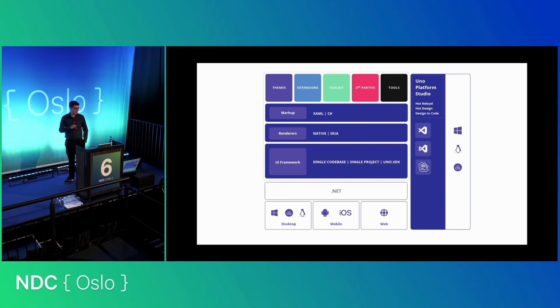Behind the rendering options which Uno Platform has, there is native, the same way MAUI does this, and Skia. So if you choose Uno Platform, you can pick and choose between those renderers and see what works for you better.